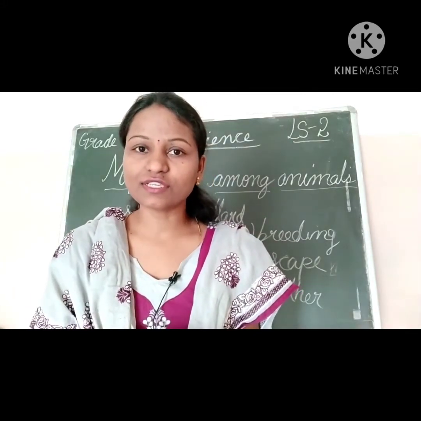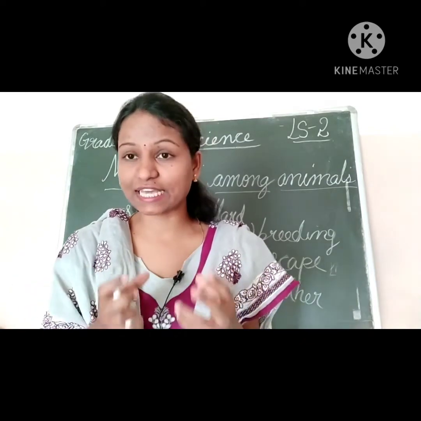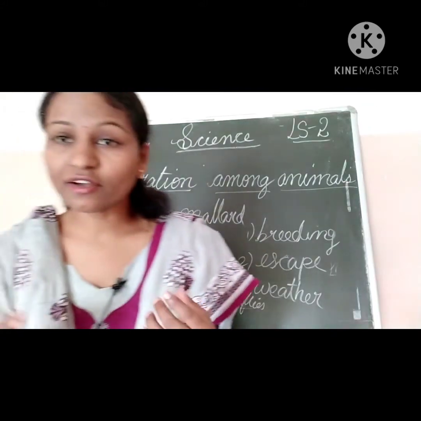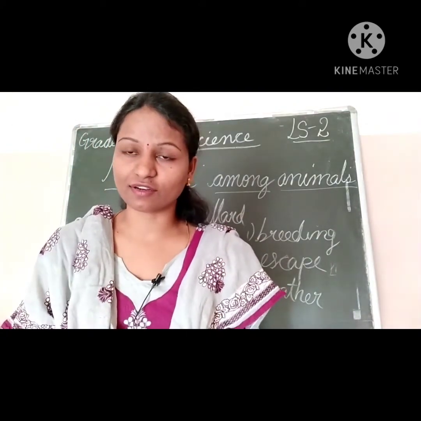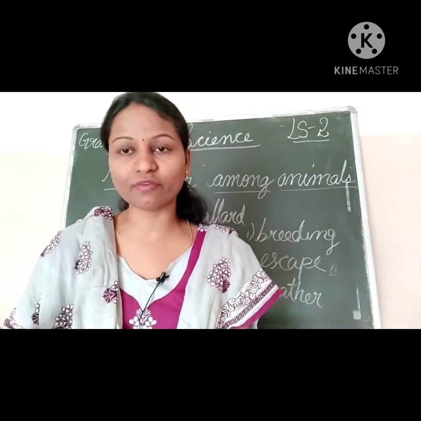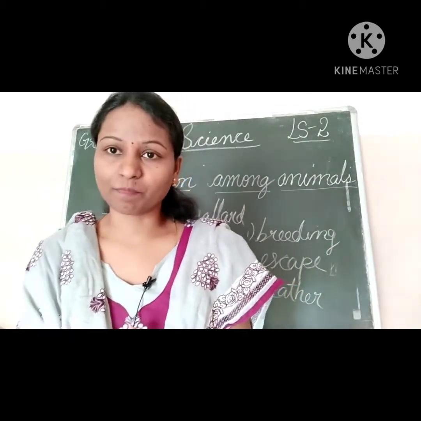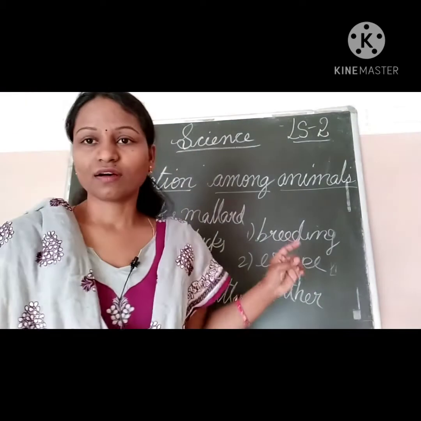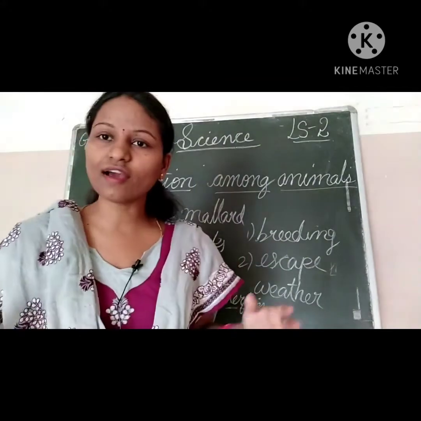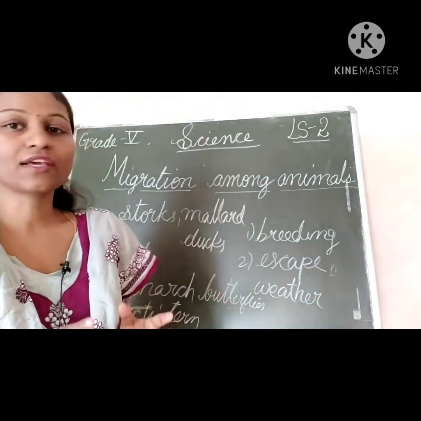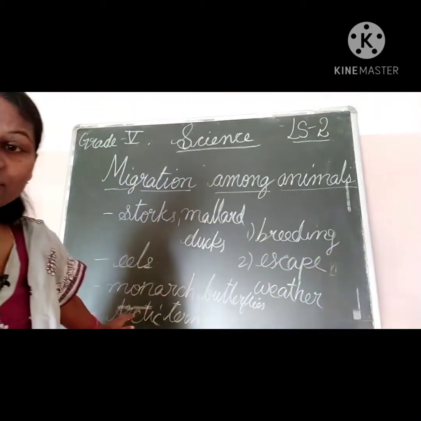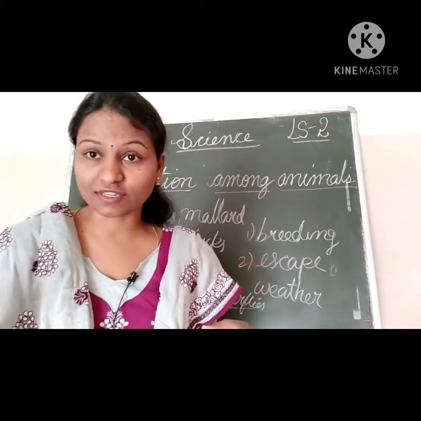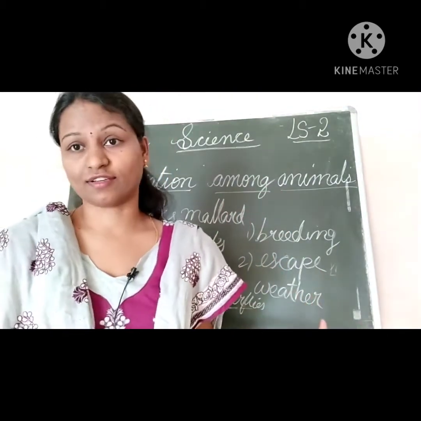They do this twice a year, six months one way and six months the other way. So the Arctic tern is the bird which can fly a very high distance, covering about 35,000 kilometers, from the Arctic to the Antarctica and from the Antarctica to the Arctic.